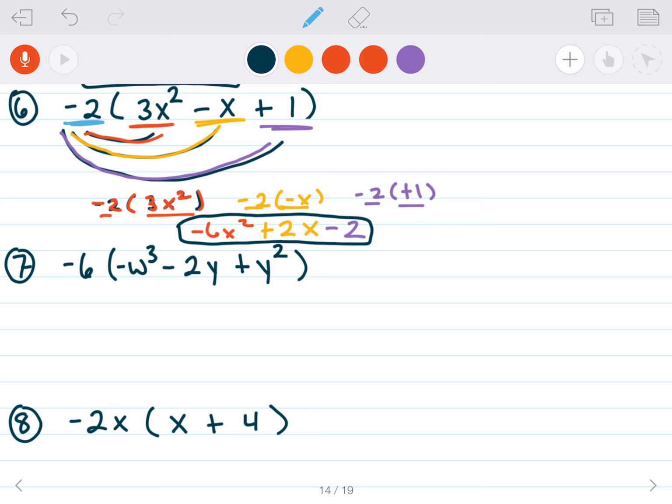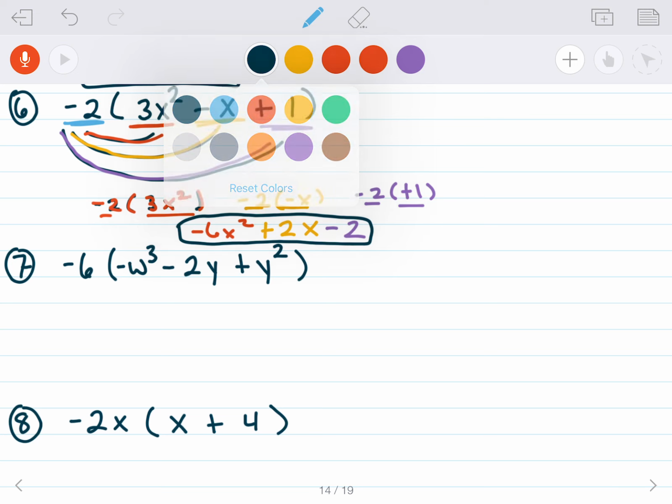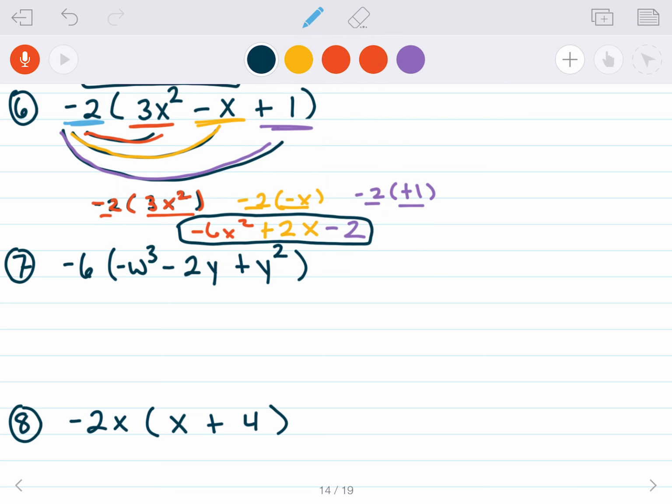Now, I want to show you a different scenario. I want you to compare this original problem right here to this one. Let's say we had 2 minus 3x squared minus x plus 1. So notice the difference, how we have 2 minus instead of minus 2.